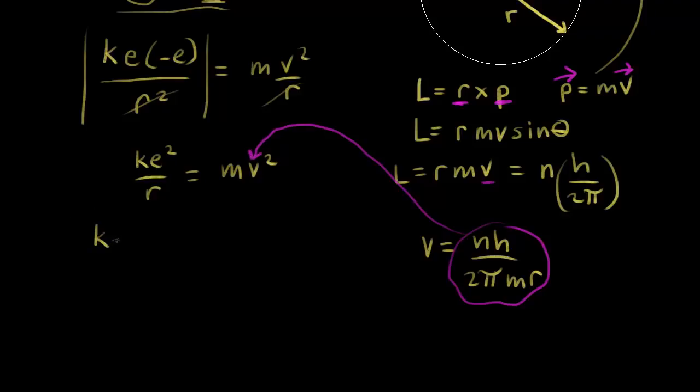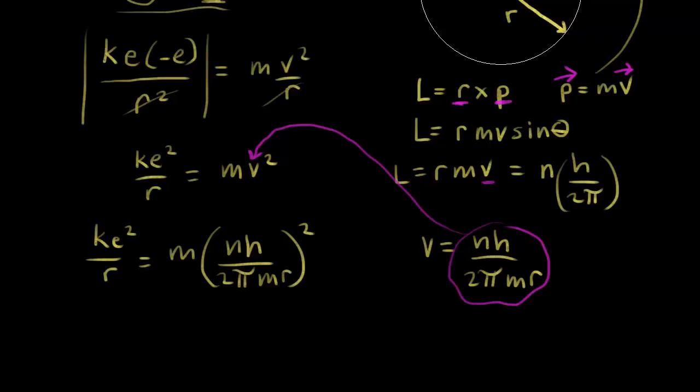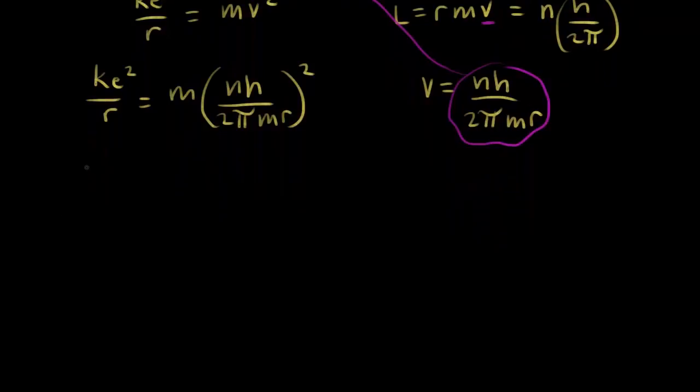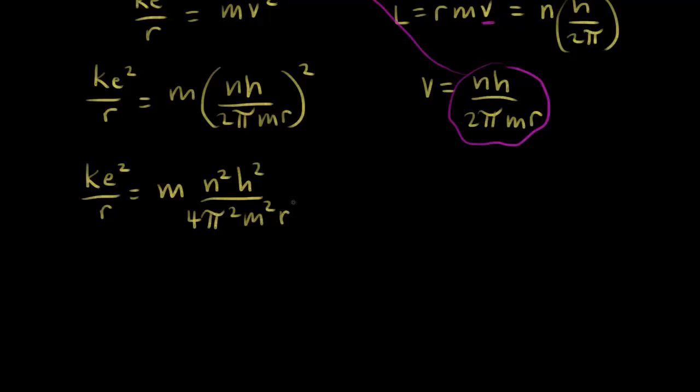We would have k e squared over r. On the right, we would have m times all of that, n times h over 2 pi m r, and then we'd square all of that. So let's get some more room and continue with our algebra here. We'd have k e squared over r is equal to the mass times, squaring everything in parentheses, n squared h squared over 4 pi squared m squared r squared.